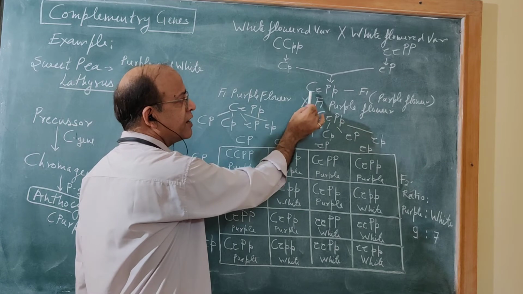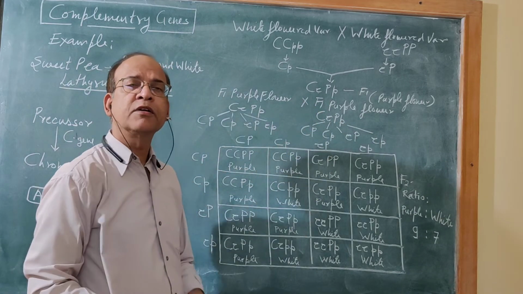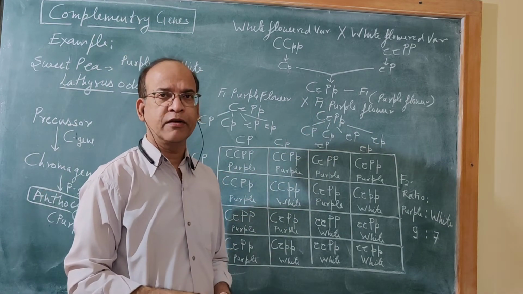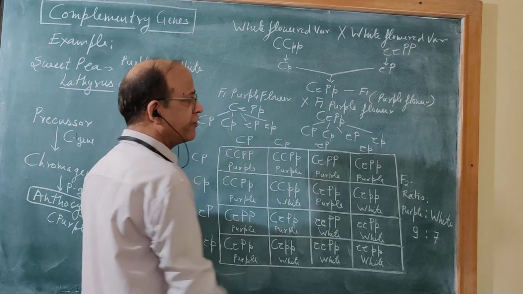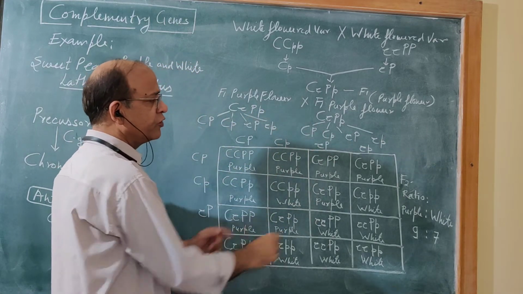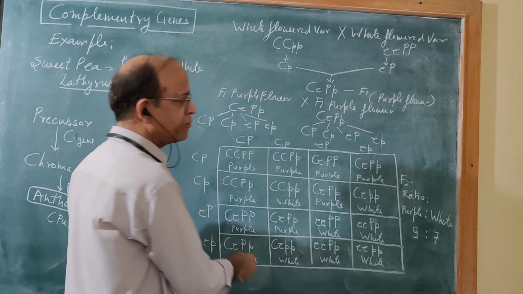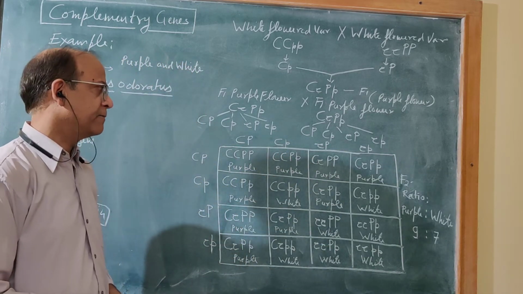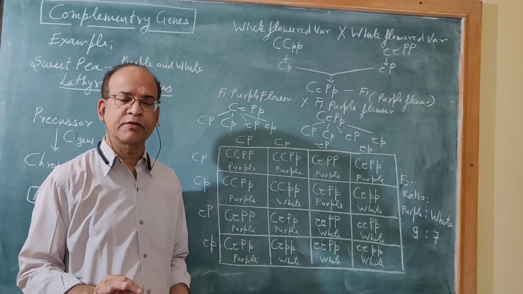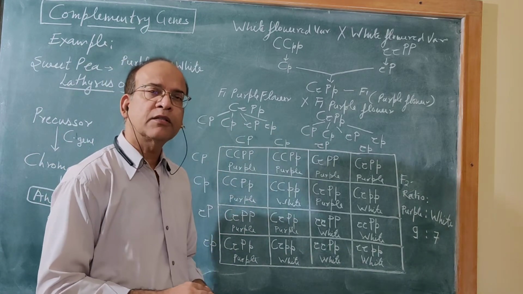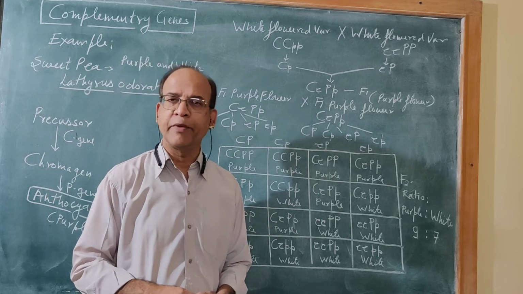When these F1 purple flower plants are self-pollinated, or F1 purple is crossed with another F1 purple, then in the F2 generation this particular result is obtained. It is a typical dihybrid cross, as you have studied in Mendel's third law, independent assortment.